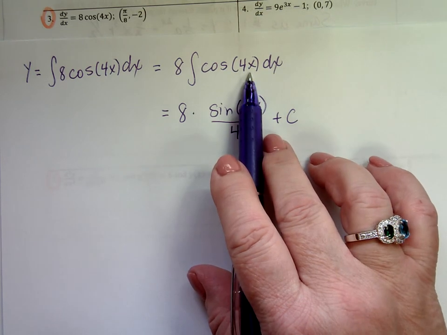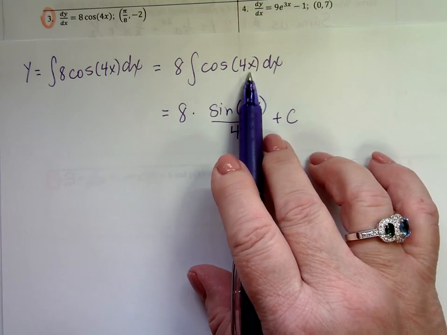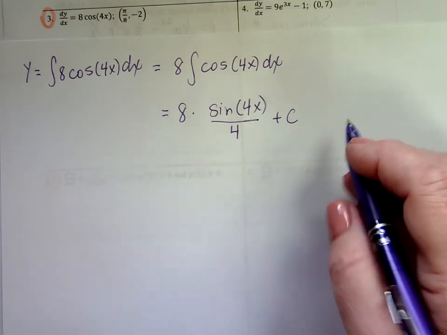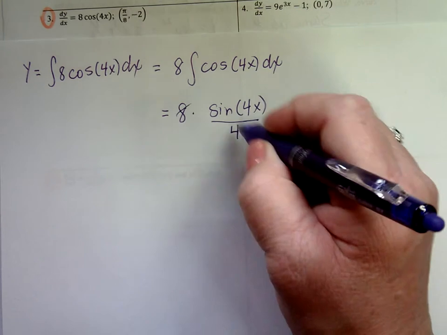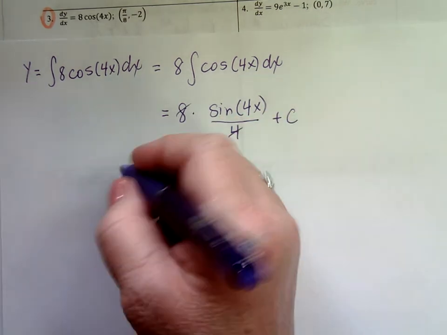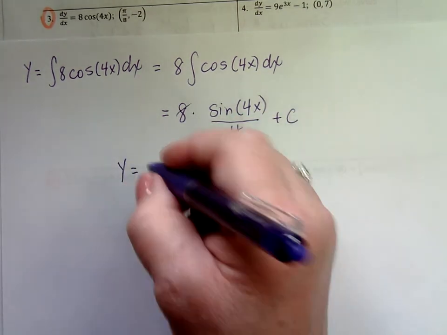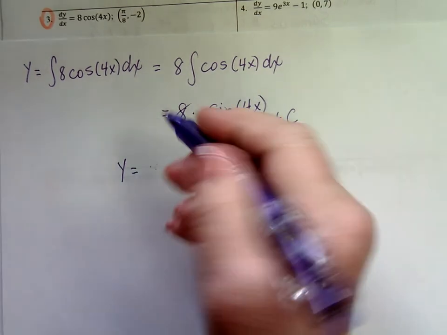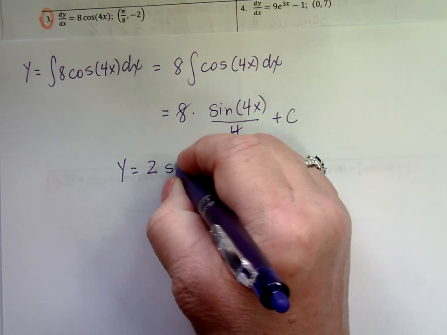Either way, whatever works for you. So my 8 and my 4 can cancel. And so I have y equals, 8 divided by 4 is 2, put that in front, 2 sine of 4x plus c.